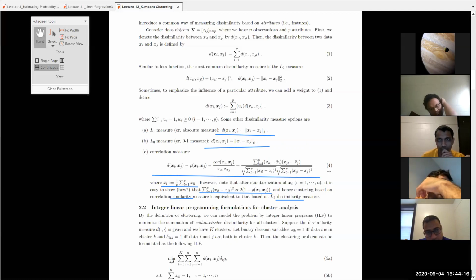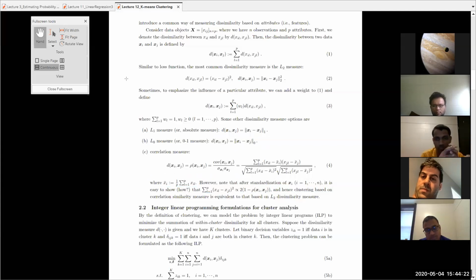And this is nothing but the definition of correlation. Okay, so basically you still have L2, L1, L0. Correlation is similar to the L2 norm. However, in many cases you're going to see the correlation measure in many of these kinds of problems.